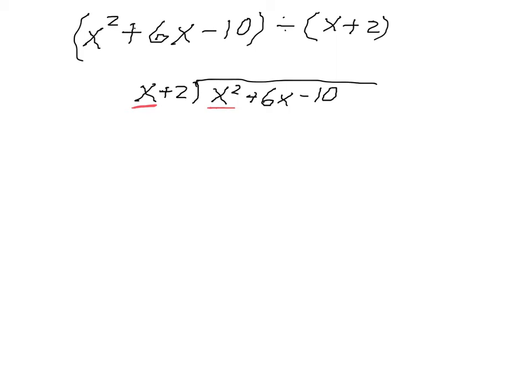So where do I put the x? I put the x right over the x term, not the x squared term. So I put the x up here. And then I multiply by the x plus 2. So x times 2 is 2x. That's plus 2x, and x times x is x squared.